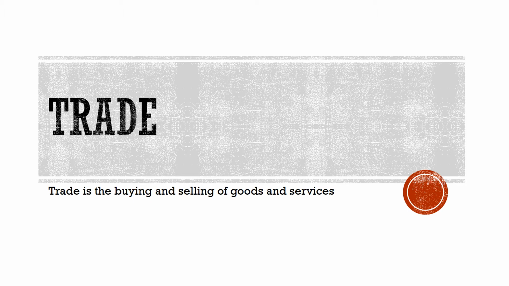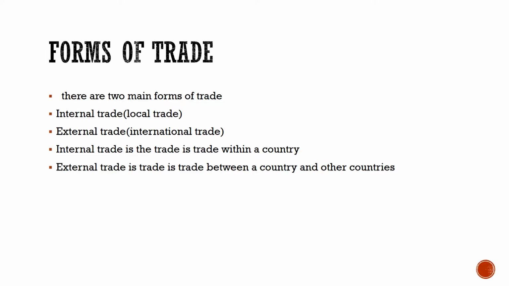But before we look at what we are supposed to be learning in class 7, there are a few things that you have to know. There are two main forms of trade. So we are going to look at forms of trade first. The two forms of trade include, number one, internal trade, and number two, external trade.